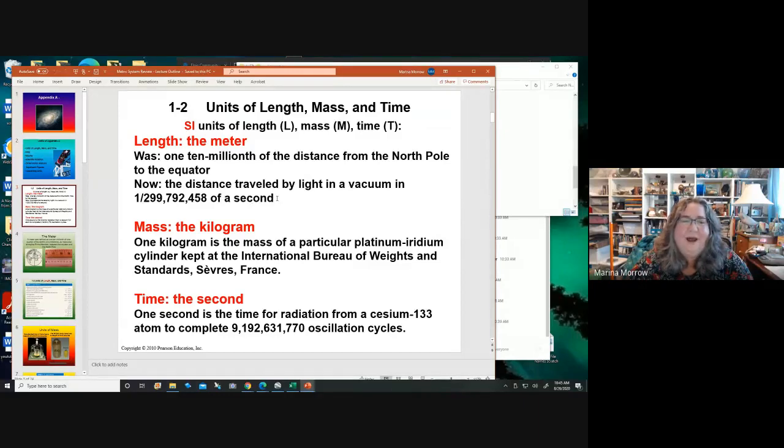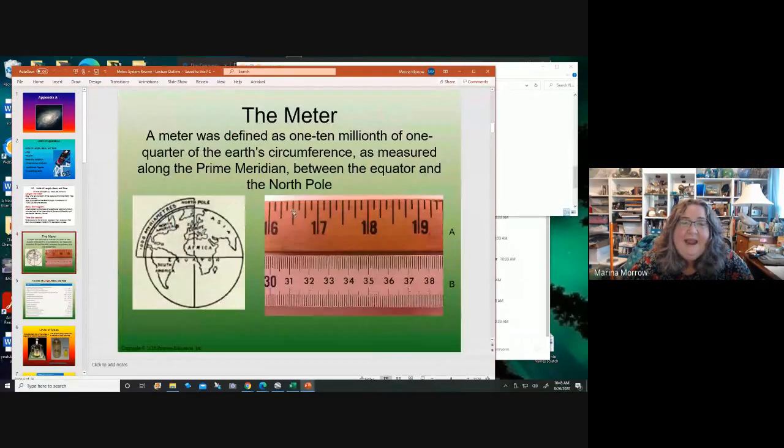So it's almost 1/300,000,000th of a second. So it's very short, but we can measure that sort of thing. Now, what they did was they pretty much knew the distance between the equator and the North Pole. They divided that into 10 millions, and that's your meter.